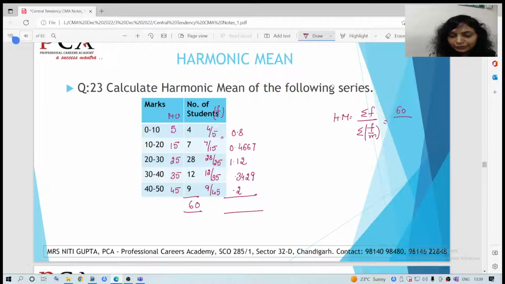So now we have to add it. So this is 2.9296. So 60 divided by 2.9296, our answer is 20.48. This is the harmonic mean.